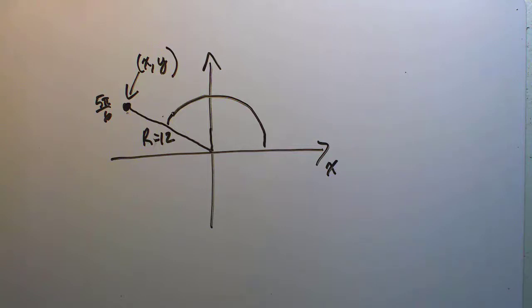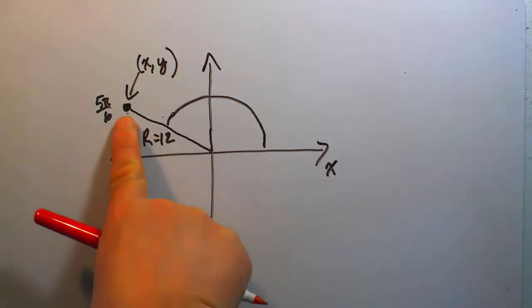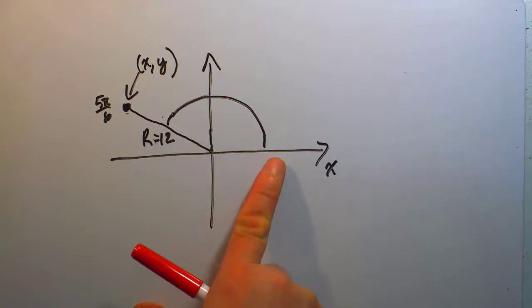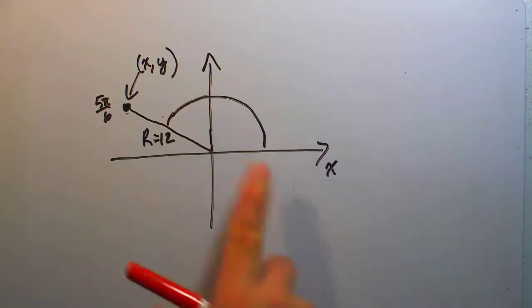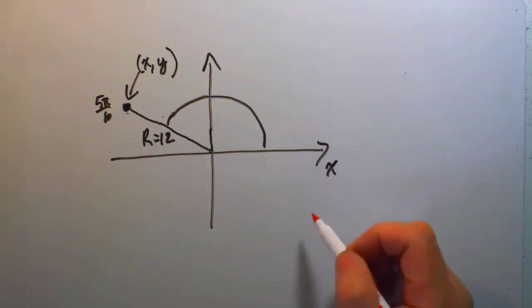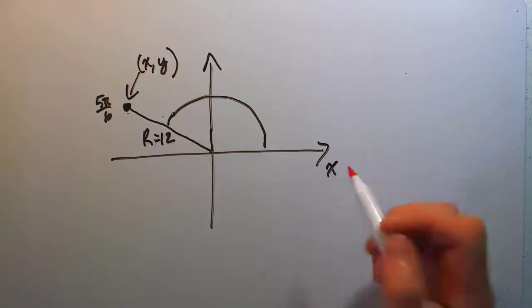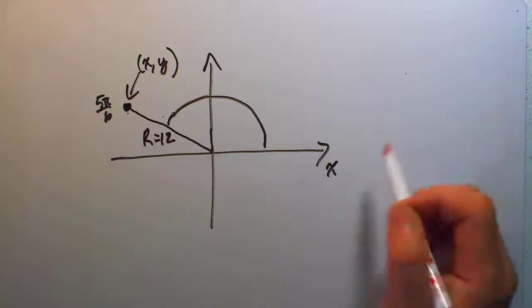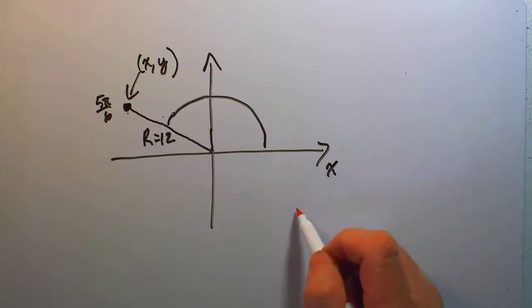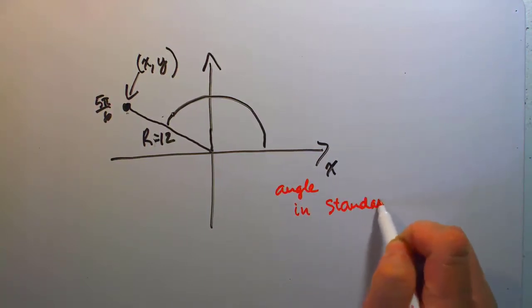An angle like this, created by a rotation, a positive rotation from the positive x-axis, to save ourselves from the long, lengthy description, we're going to refer to as an angle in standard position.